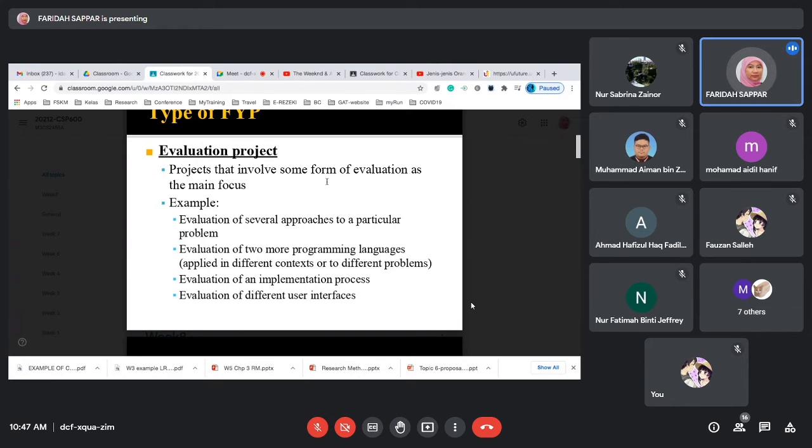She tested and evaluated the website based on the standard vulnerabilities, OWASP, the organisation that lists out the vulnerabilities. So she will do the evaluation.